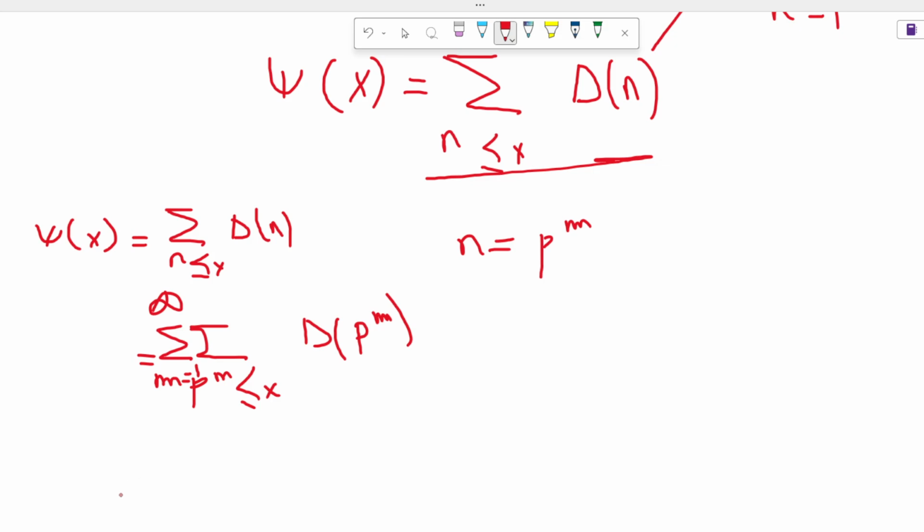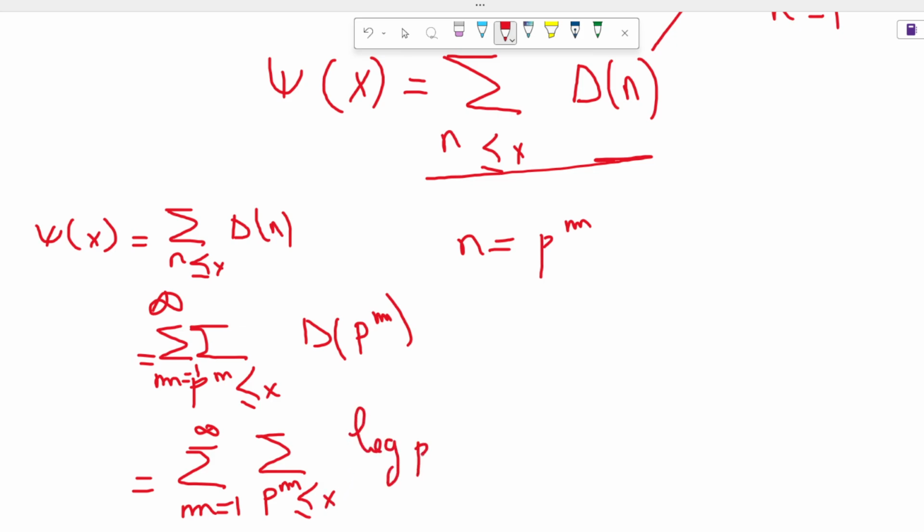So now we can rewrite this as the sum from m equals 1 until infinity of the sum as p to the power m is less than x of the log of p.